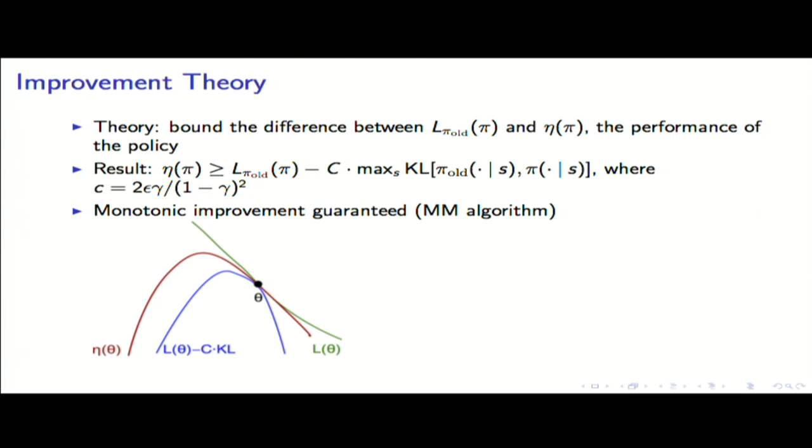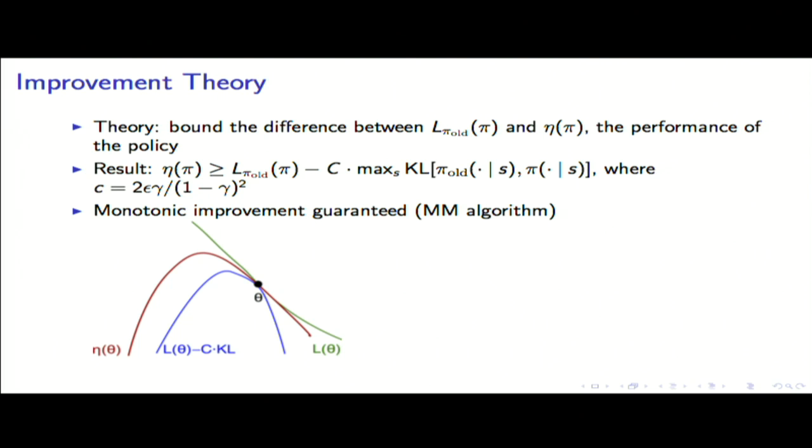If we take a tiny step, L is going to give a pretty good approximation to eta. It has the same slope as eta. But if we totally maximize L without any constraints, then we'll end up all the way over here, and eta probably got a lot worse if we did that.